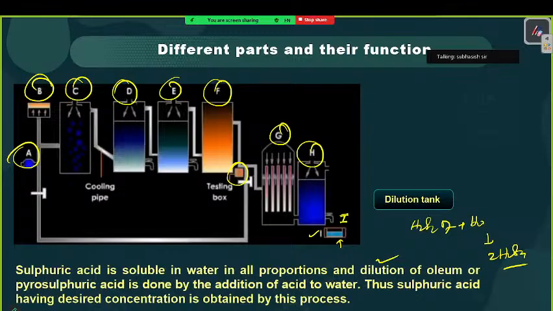Questions like explanatory questions or reasoning based questions, on the basis of this type of question we take an exam the next day, and after that we complete the sulfuric acid chapter. Okay, thank you.